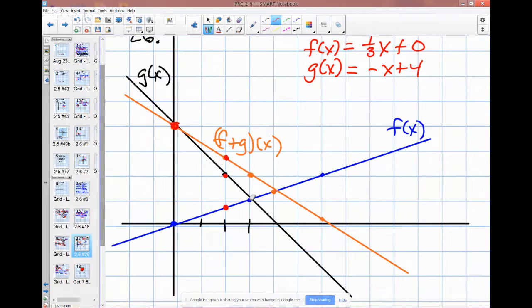And 1 plus 1 is 2. So you just keep going. It's no surprise that when you add a line, you get a line. That orangish line.